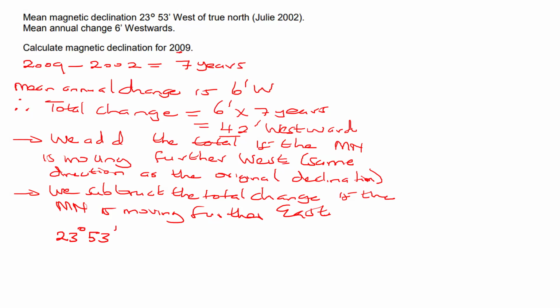Let's add this 42 minutes, which is like having 0 degrees 42 minutes. Because it's westward, we put the add sign and then we do that. You'd agree with me that 23 degrees plus 0 degrees will just give us 23 degrees.